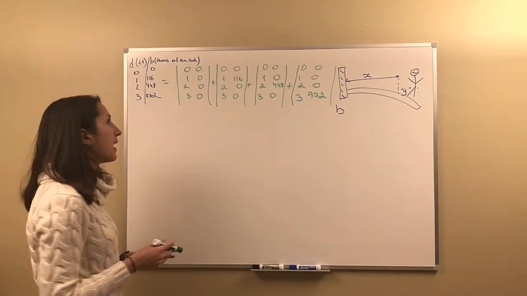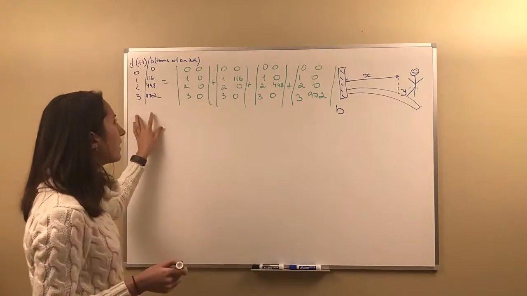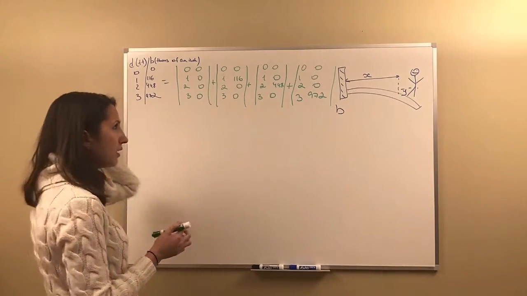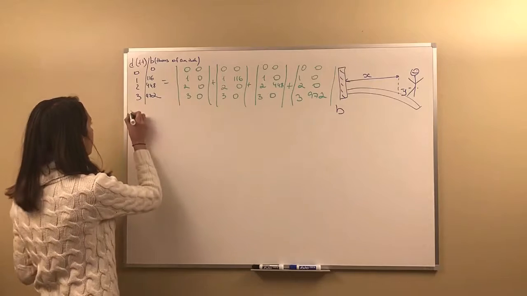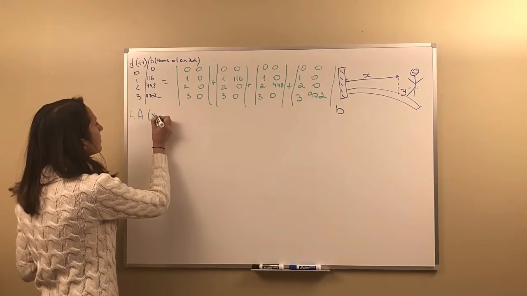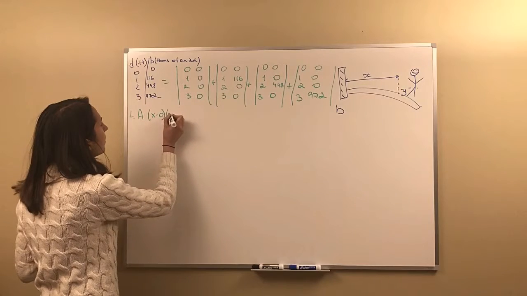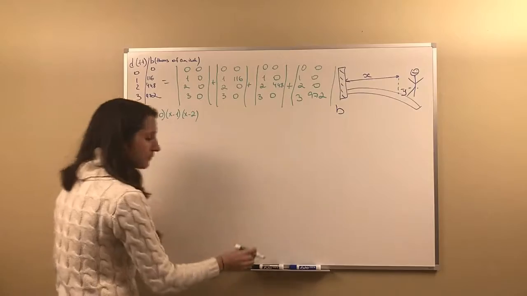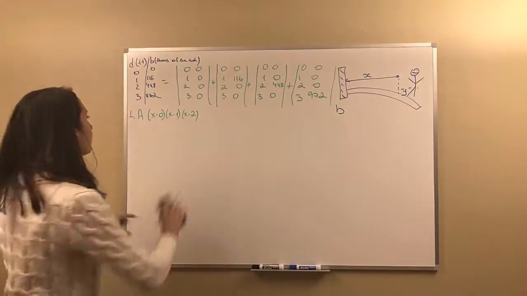All right, so the next step, we need to make an equation for each of these with a coefficient in front. For the first one, it would be a times x minus 0, I should have said.